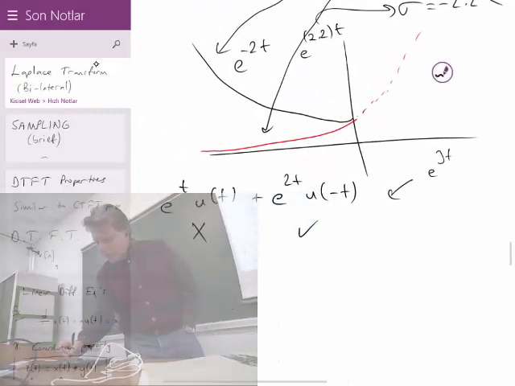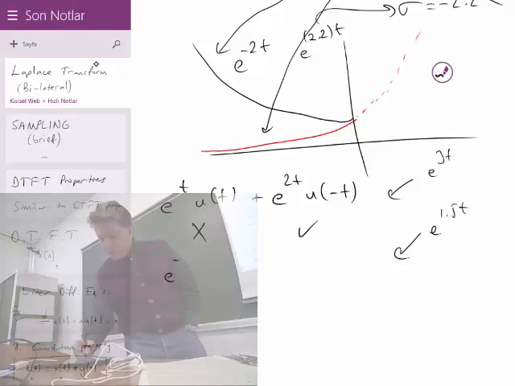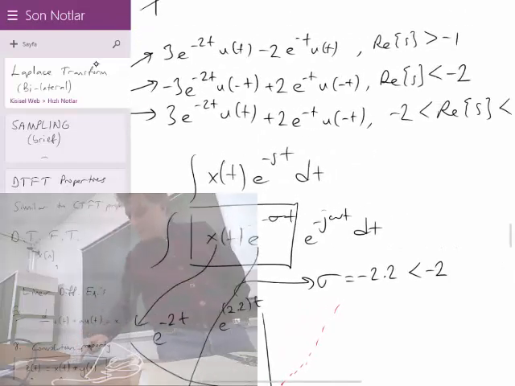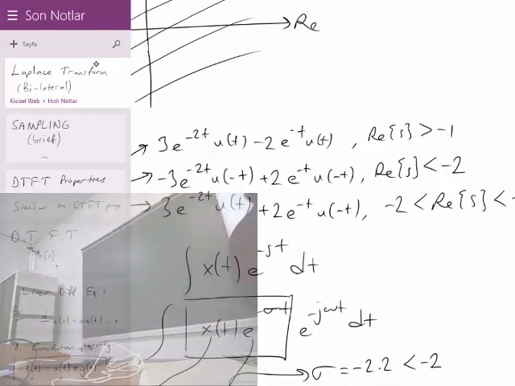So I'm going to multiply by e to the 1.5t, and the first term will be e to the minus 0.5t u of t. Now let's come back. This one, e to the 1.5t times e to the minus t, what will it be? E to the 0.5t.